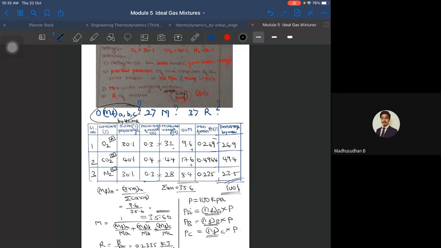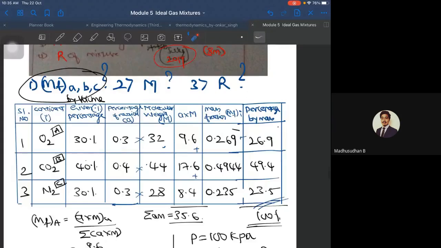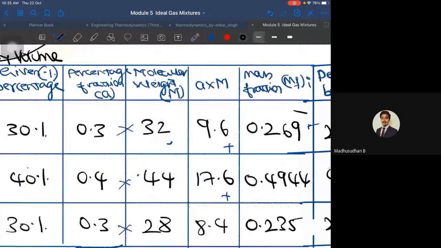So the mole fraction always corresponds to the volume fractions. He has given the values in the problem, yes or no? All these values are by volume, which is nothing but the mole fractions, nothing but the volume fractions. You can consider these values to be what?